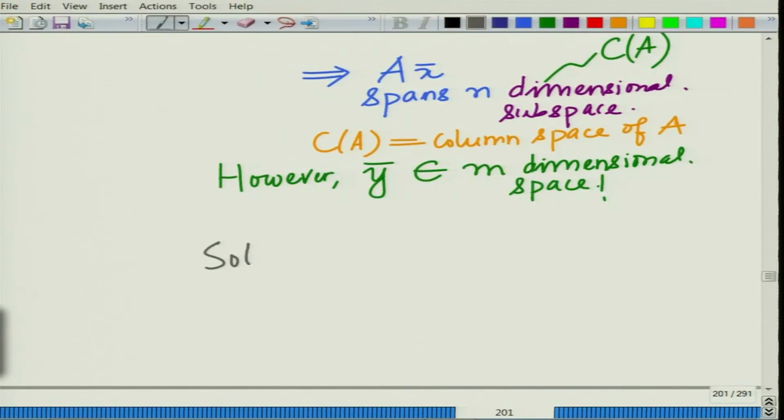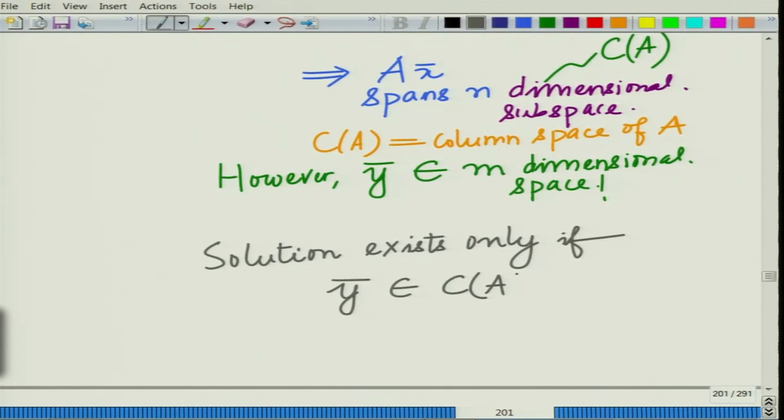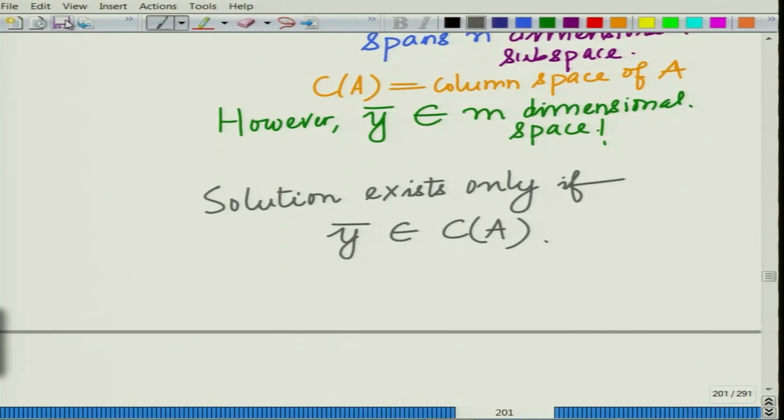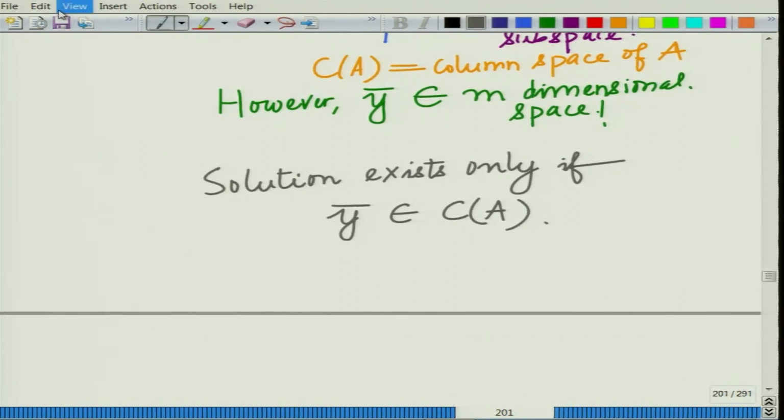So, the solution exists only if y bar belongs to the column space of A.